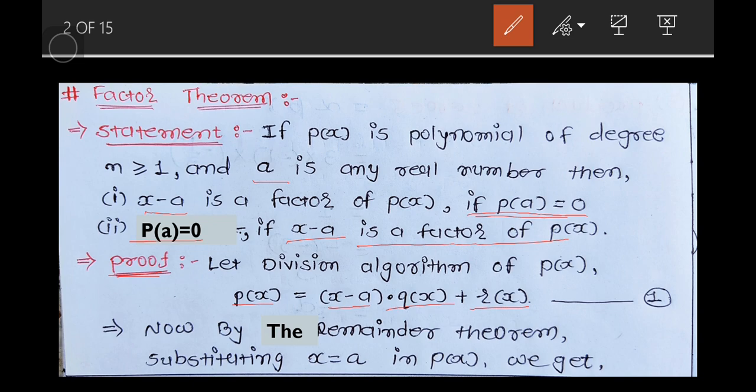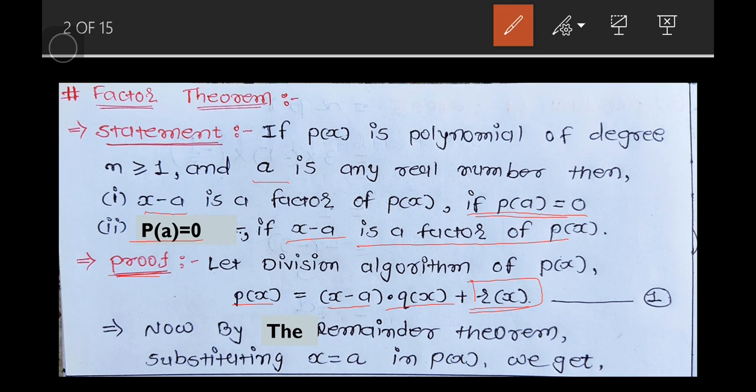Now we want to find the remainder. We put a value of x so that we can use the remainder theorem.